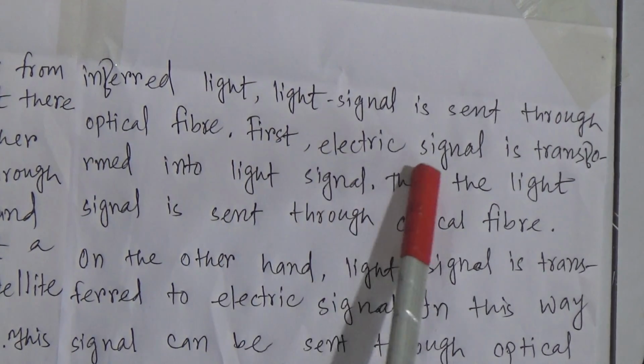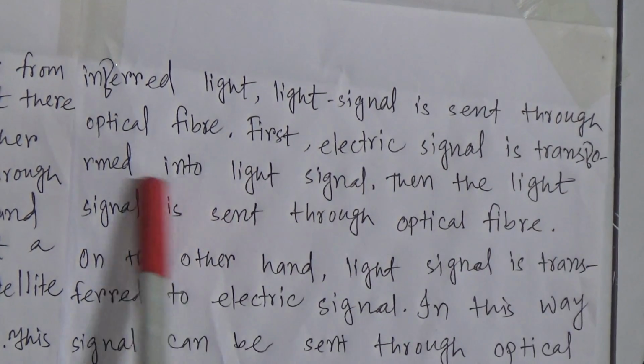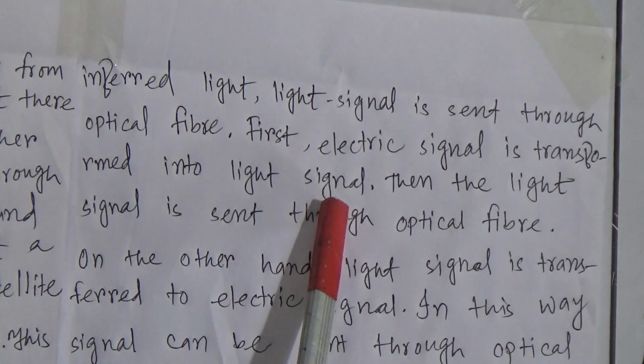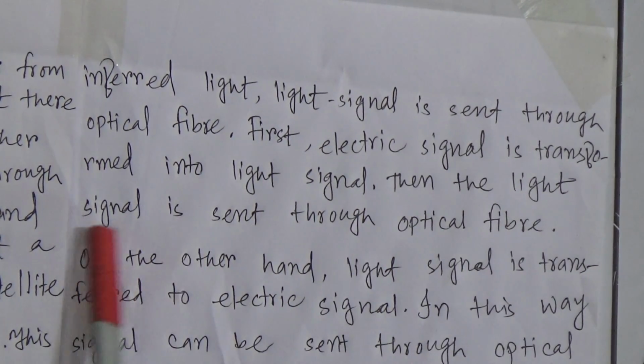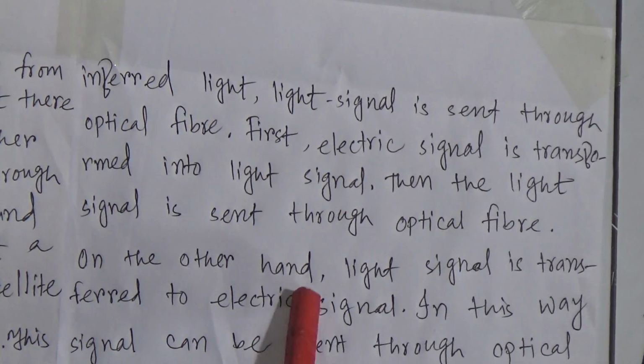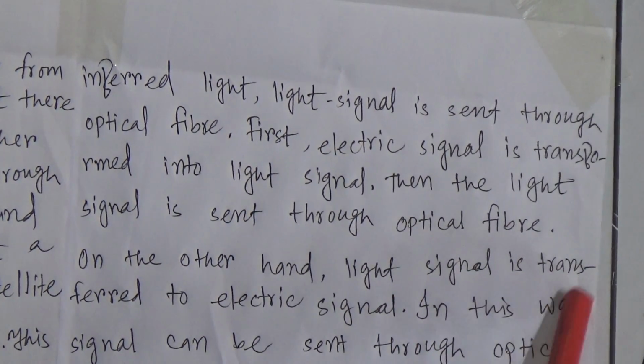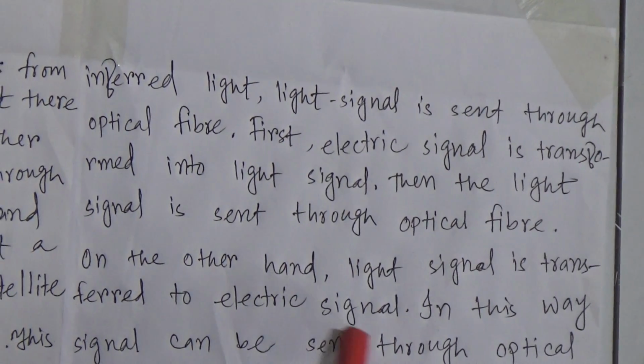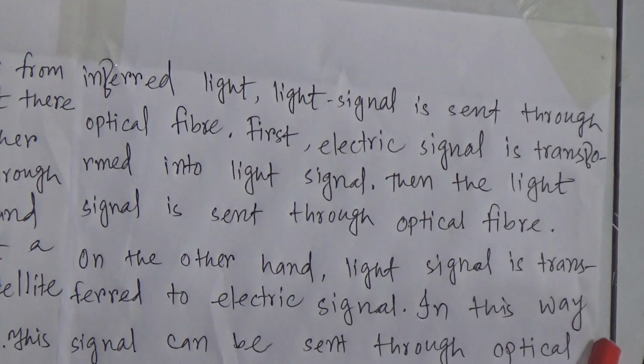First, electric signal is transformed into light signal. Then the light signal is sent through optical fiber. On the other hand, light signal is transformed into electric signal. In this way, signal can be sent through optical fiber.